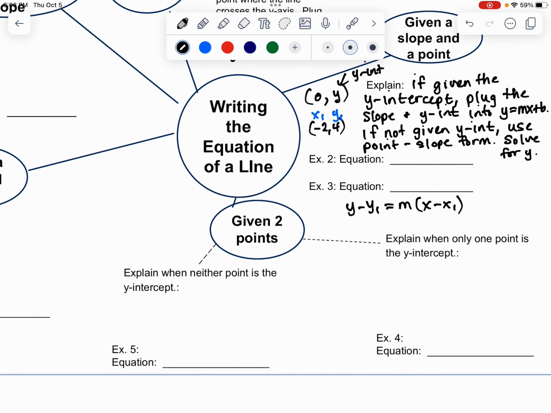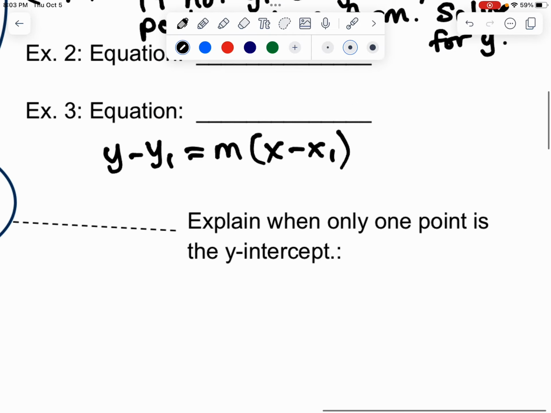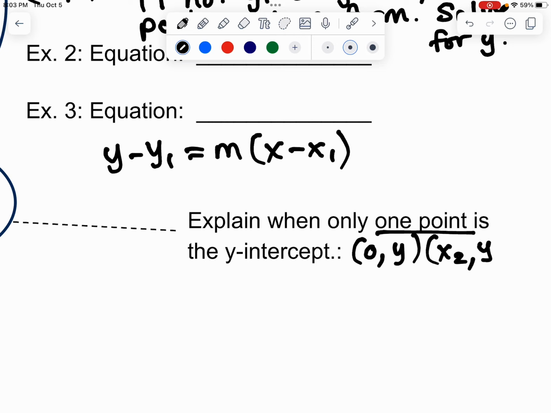All right, given 2 points. So we need to explain when only one point is the y-intercept. Remember, we look to see where x is 0. Where x is 0, I know that is the y-intercept out of the 2 points.